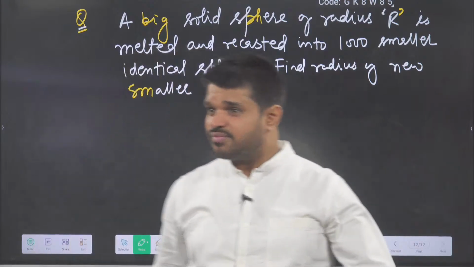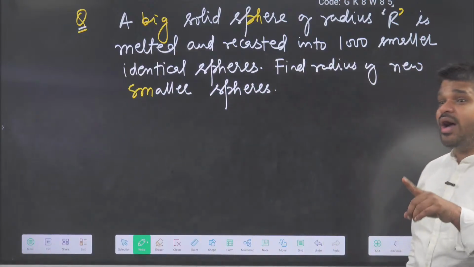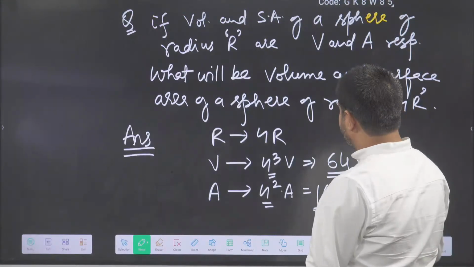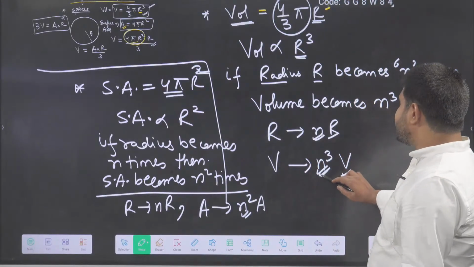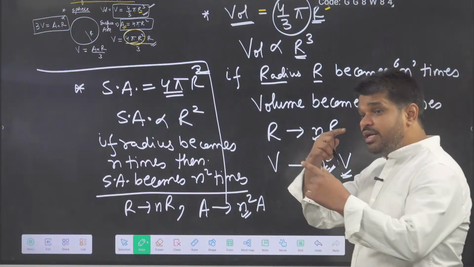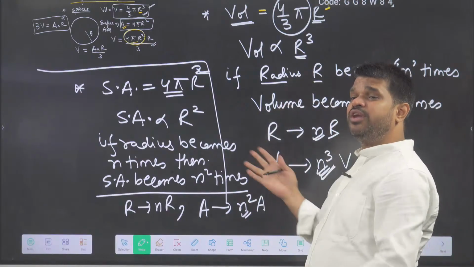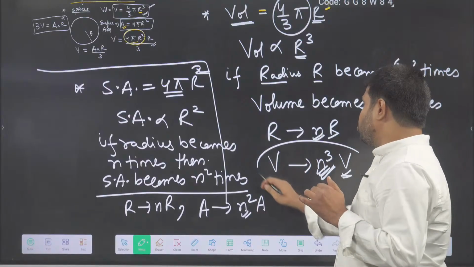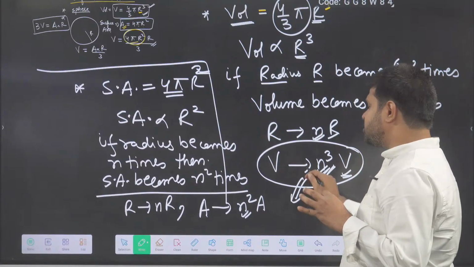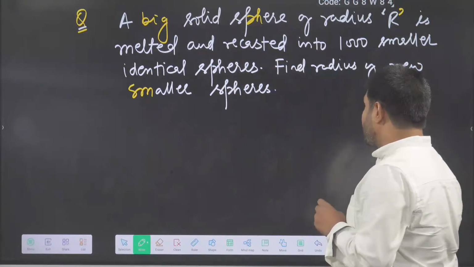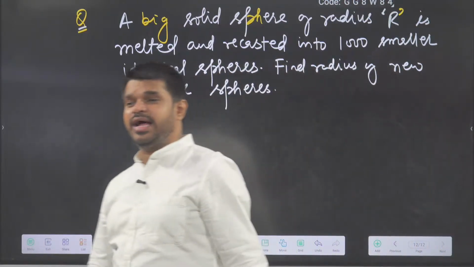See, if you are smart, then by using this concept, if you do back calculation, you will get the direct answer. Only if you are smart. Use smartness and use this fact. So two things are required: your smartness and that fact.